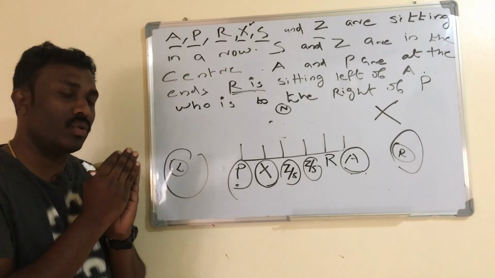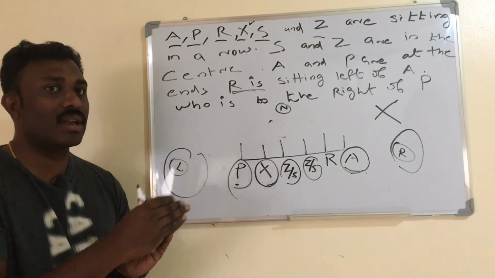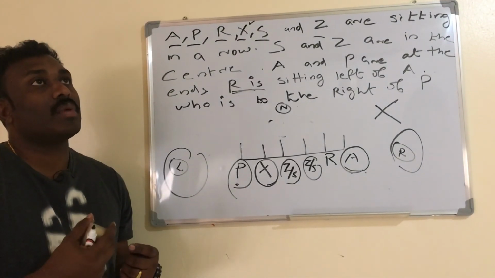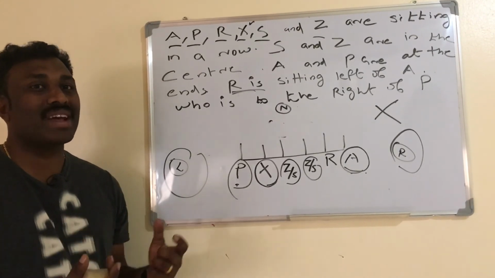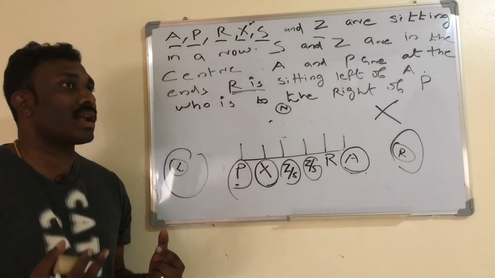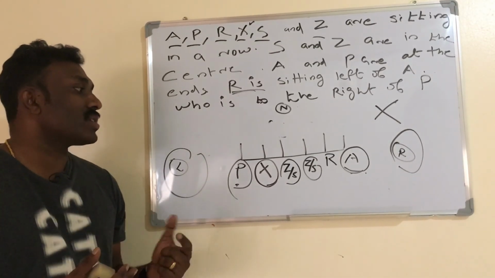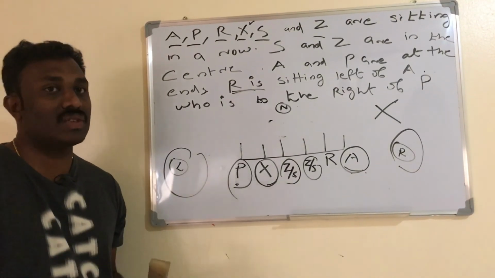You must know the direction, right and left, place and draw the diagram. Then the more you practice, the more easily you can score. Without practicing or without using your logical thinking power, you cannot answer this type of question very easily. Thank you.